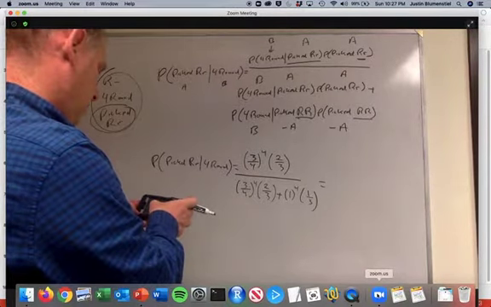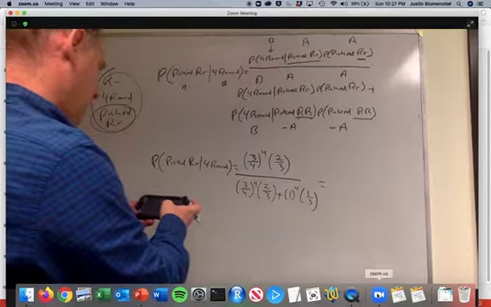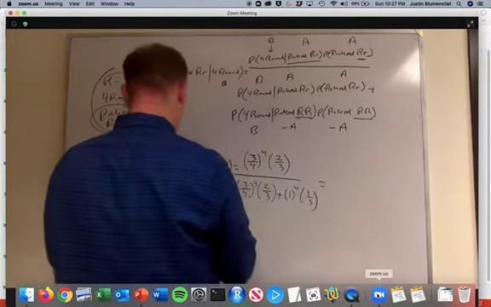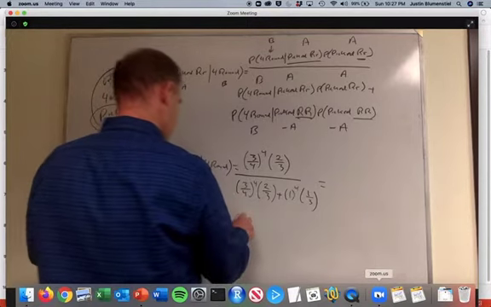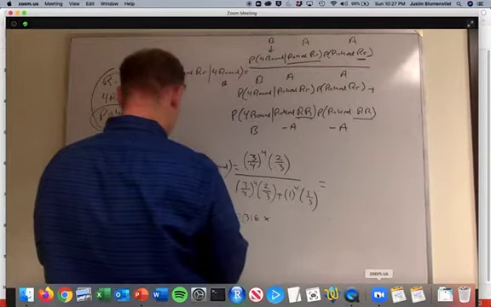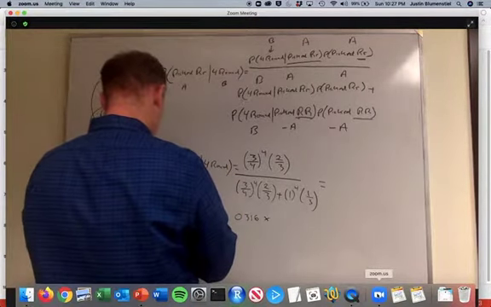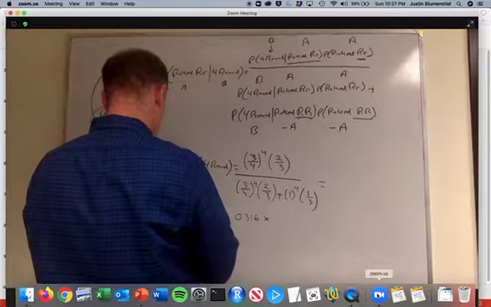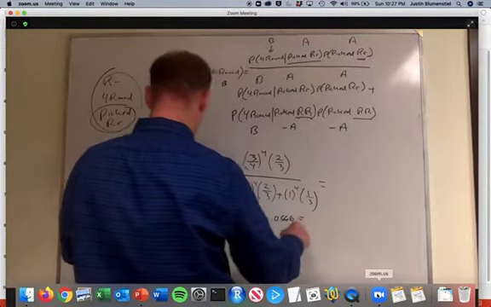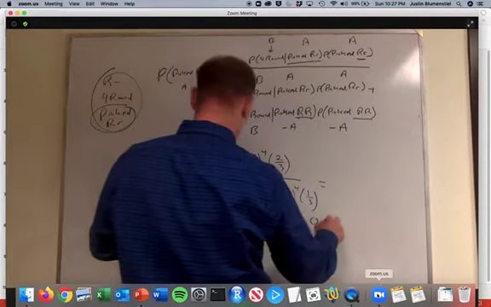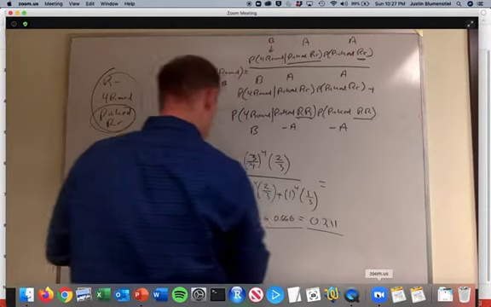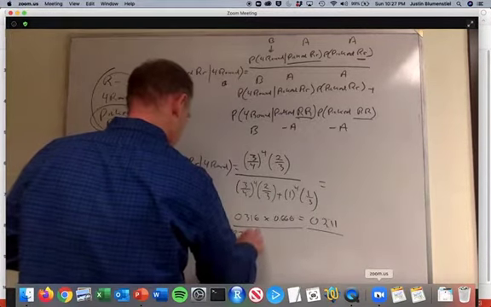0.75 to the 4th is equal to, now you could leave it reduced if you want, but in this particular case I want to actually calculate this out. So this is 0.316 times 2/3, so I'll just do times 0.66666666, which is equal to 0.211 up on top, and then over here, that's 0.211 again.